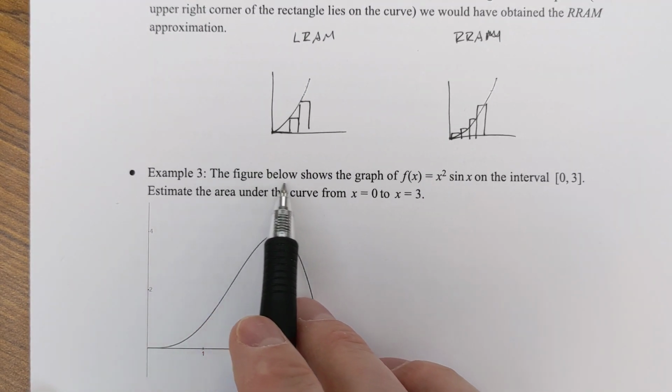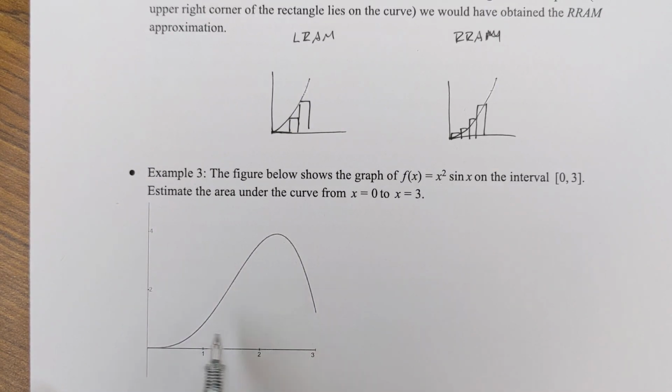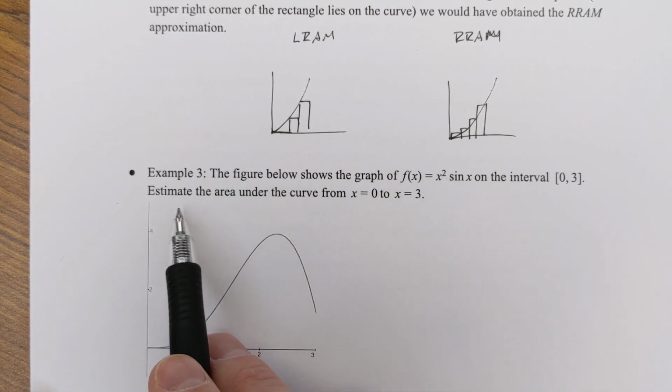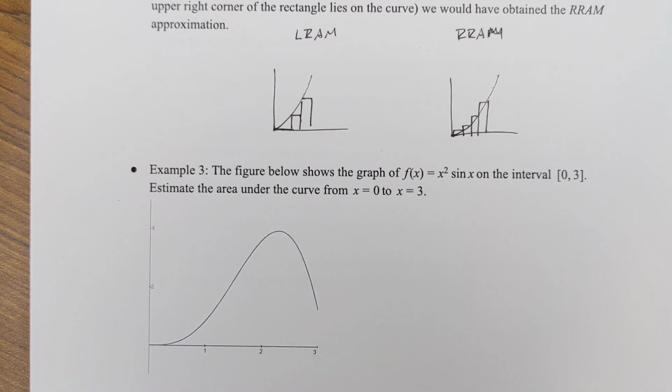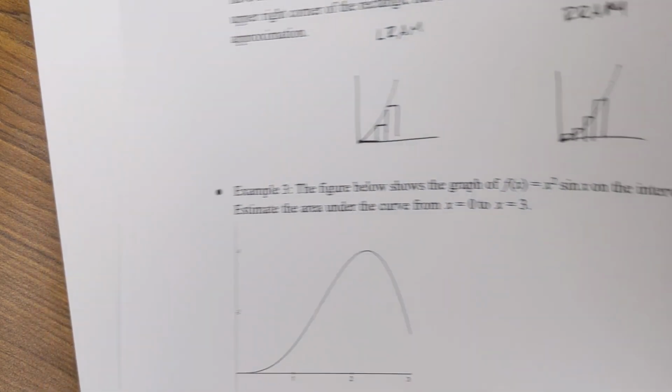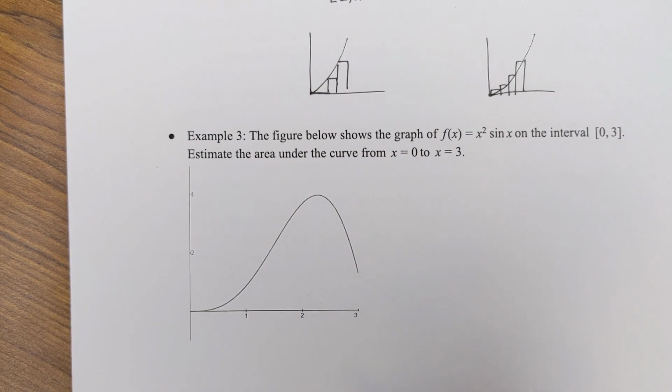Okay, so it says the figure below shows the graph of x squared sine x on the interval from 0 to 3. So here are our heights, 2 up to 4. Estimate the area under the curve. We'll do 3 subdivisions.